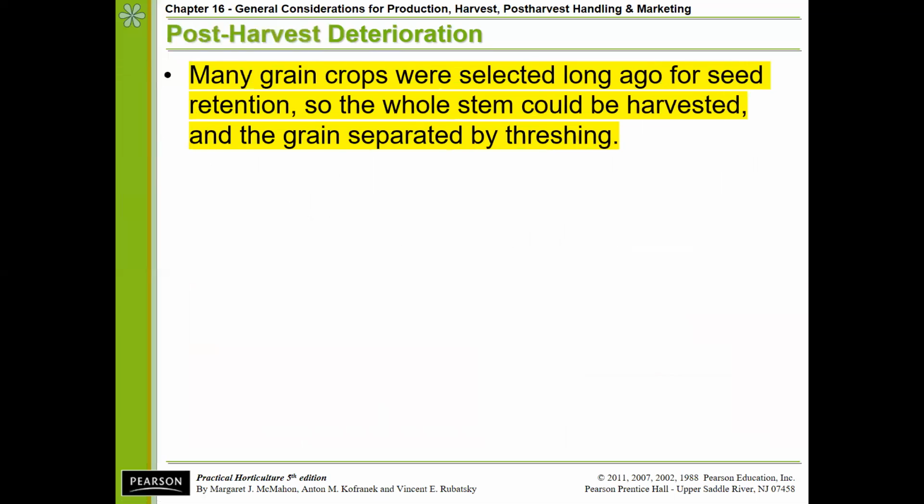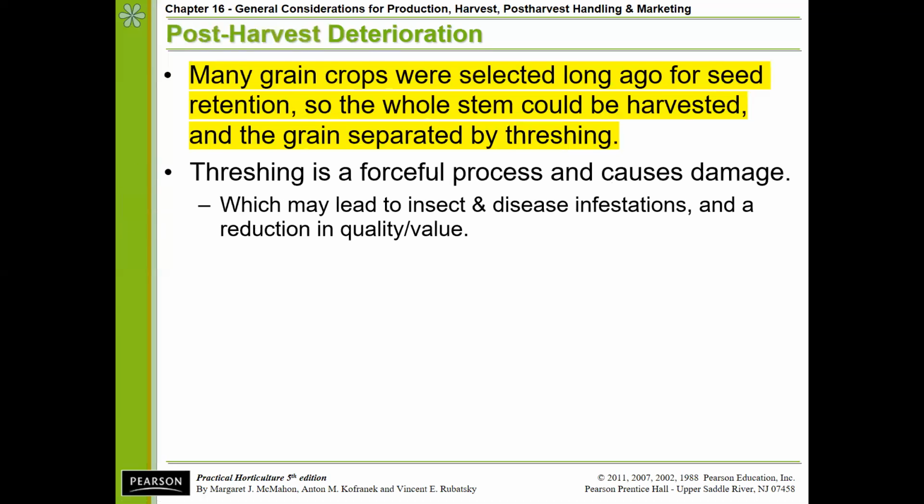We talked early on about the whole idea of shattering, and that's how grain crops were selected and how agriculture really started in many respects: a mutation where the stem held on and didn't abscise from the plant on the grain, so that we could harvest the whole stem and then later separate the grain from the stem through a process known as threshing, which is a forceful process.